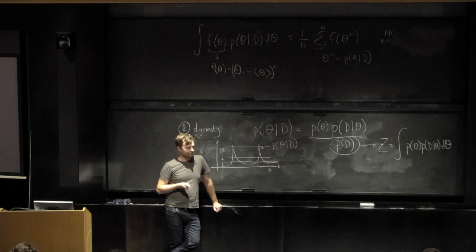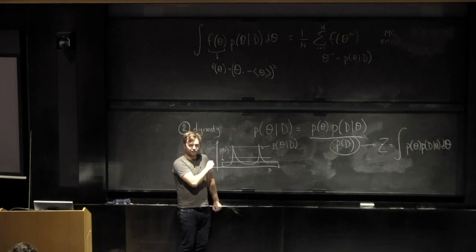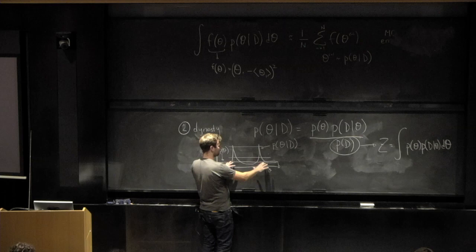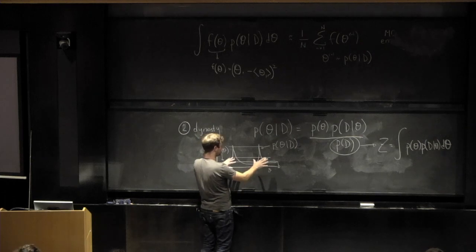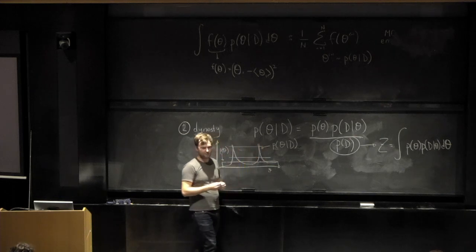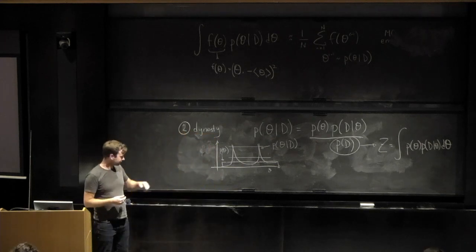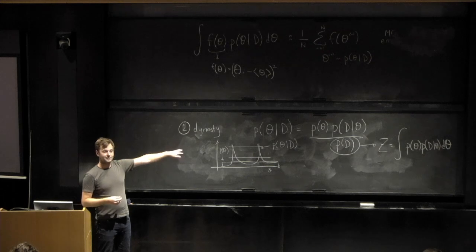But one of the things that's cool is that if you can figure out how to implement it, which some people have, you actually can deal with these multimodal distributions very well, because if you're sampling from the prior, you're going to find both of these modes if you sample densely enough. And as you go up, you're still going to get samples in both of those modes. So if you have a multimodal distribution, nested sampling is really very great.